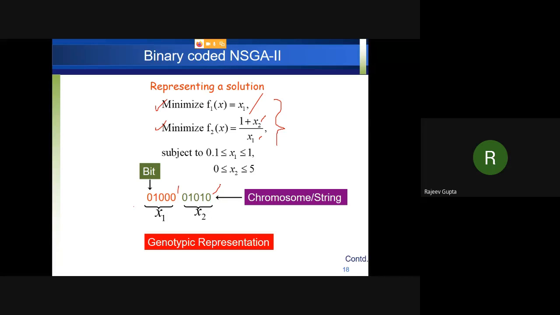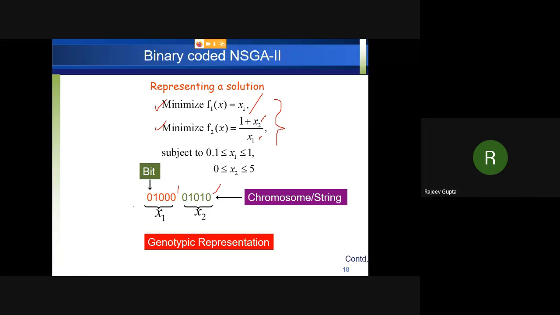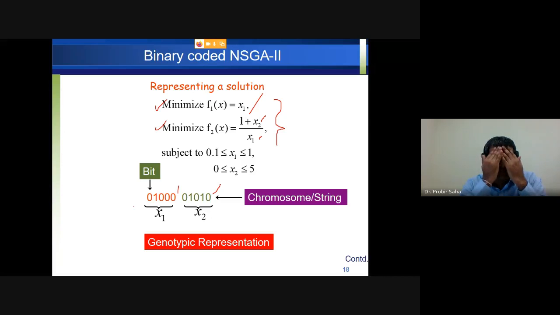Sir, sorry to interrupt you, but that means this is a random selection? Or do we have any method? This is a random number. Just make an algorithm to generate a random number, and you choose the bit. But you restrict how many bits you require to define one decision variable.